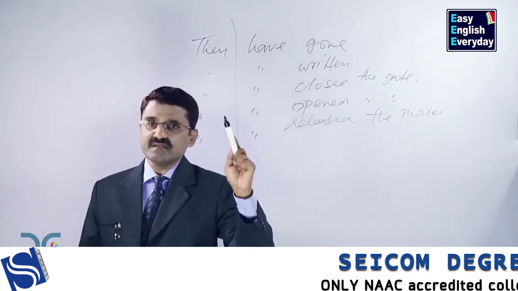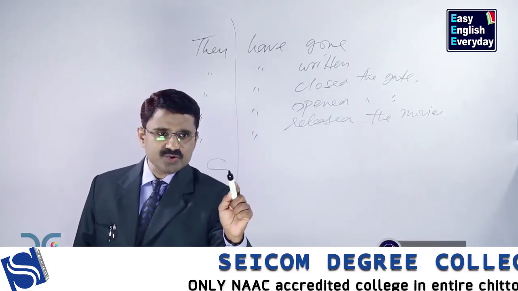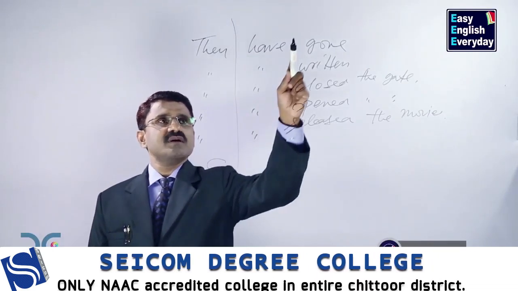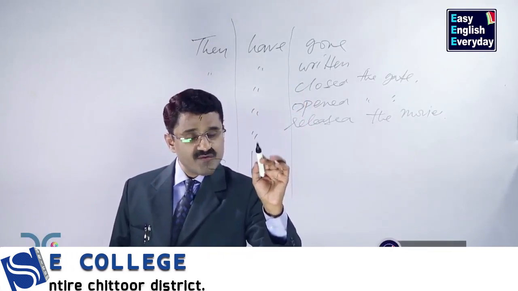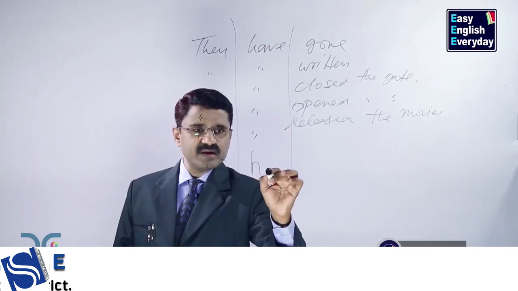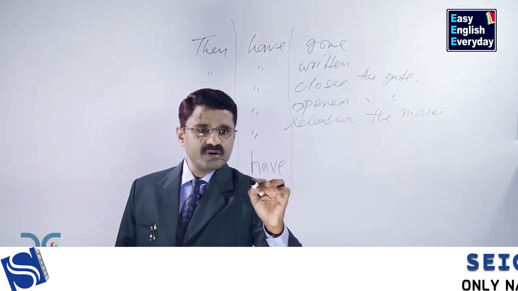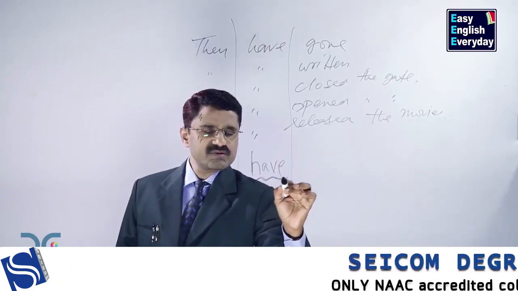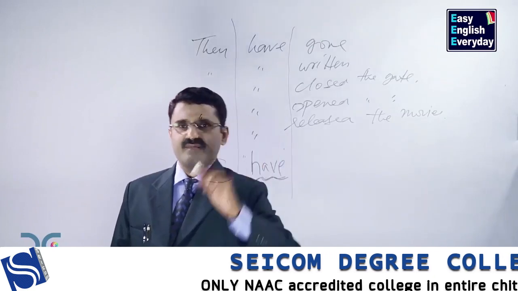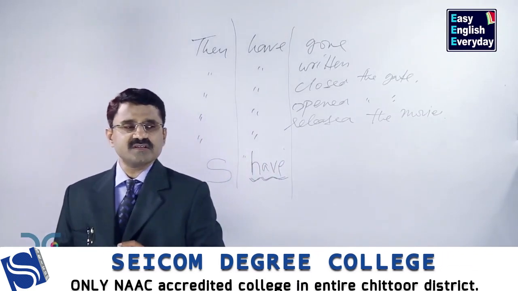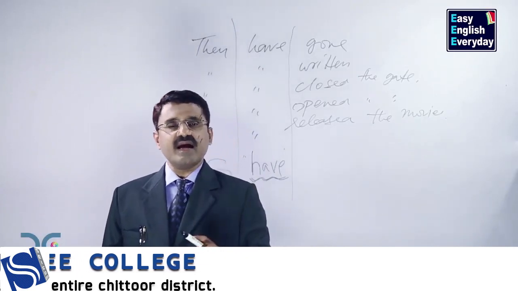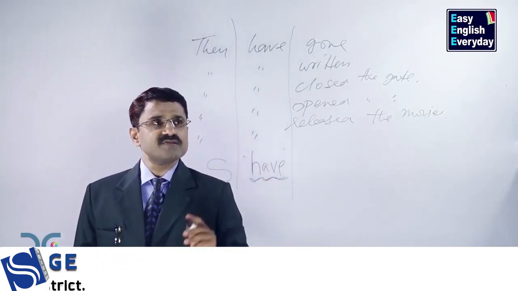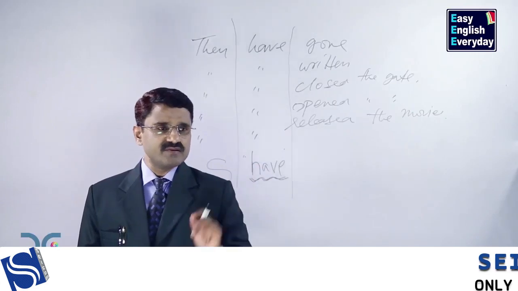This part of the sentence we call as usual the subject, and this part of the sentence is called the verb, and here we are taking the help of a simple innocent person called have. He is an important member in the English family. His name is have, and he is going to help us in making sentences like this.